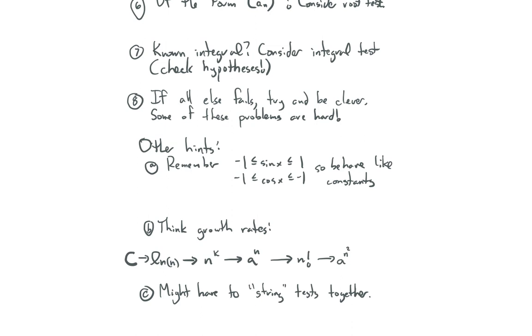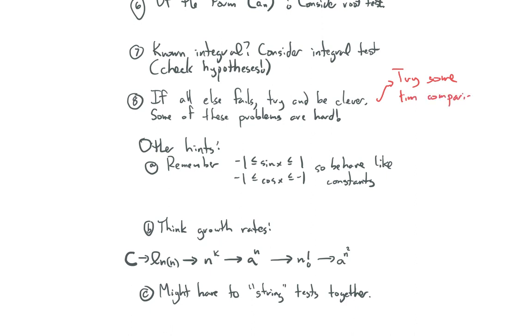And maybe you can't see what's going on right away. If that's the case, then just try some things. Calculate some partial sums, see if you can determine if it's likely to converge or diverge. Or just try some comparisons. It's always a good idea to try some, and it can be limit comparisons.